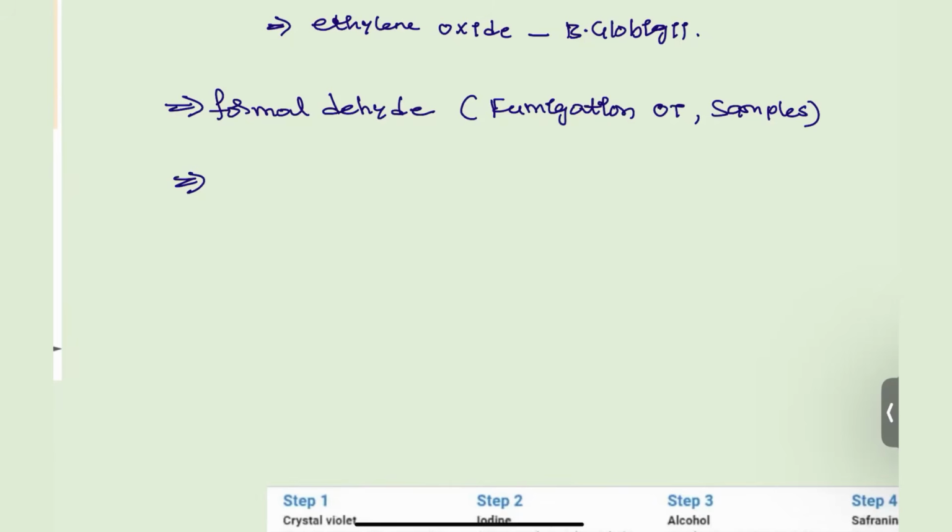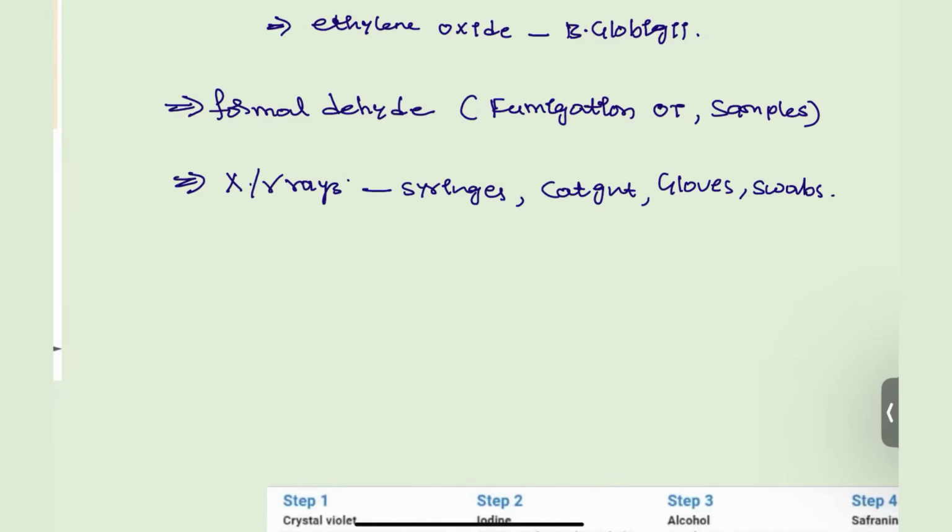Next, radiation, especially X-rays or gamma rays. These are used for syringes, sutures like catgut suture, gloves and also swabs.